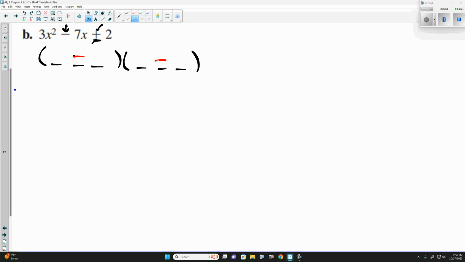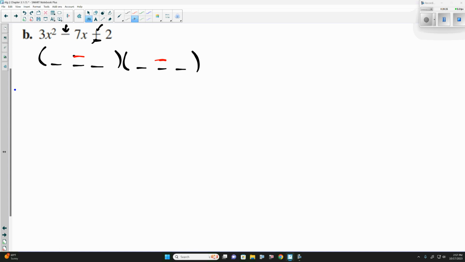Because for the third term, when we multiply them together, the only way we can multiply two things and get a positive is if they're both positive or they're both negative. So if the third term is positive, the signs are the same. They're going to be the same in both sets of parentheses, and they're going to match the sign of the middle term. If the third term is negative, then the signs are opposite.